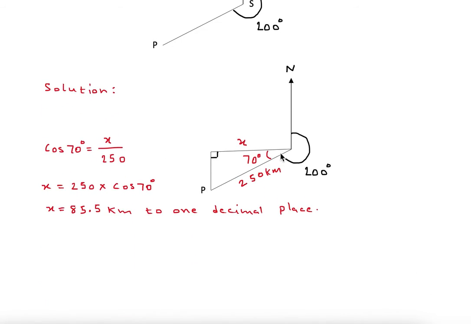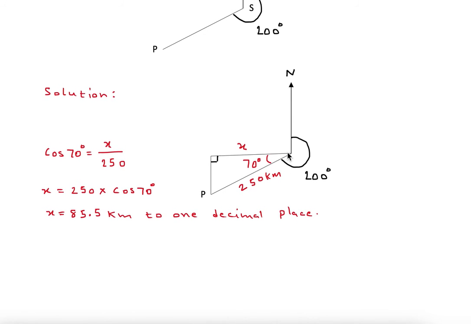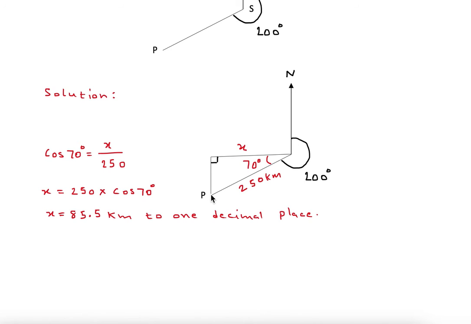To answer this question, we have to make a right angle triangle. From here, I've drawn a line in the direction of west. This is westerly direction because they want us to tell them how much west of Sydney this point P is.